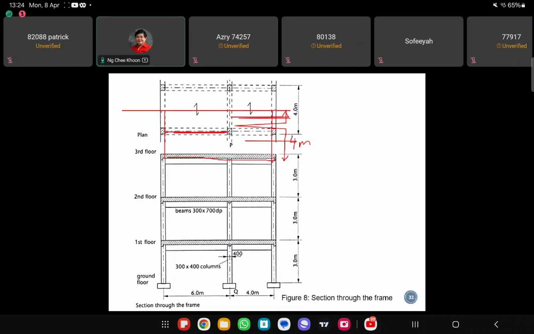So this load here and this load here will transfer the load to this beam here. Clear? This beam, and then let me say that this is the blue color area. Let me draw again.